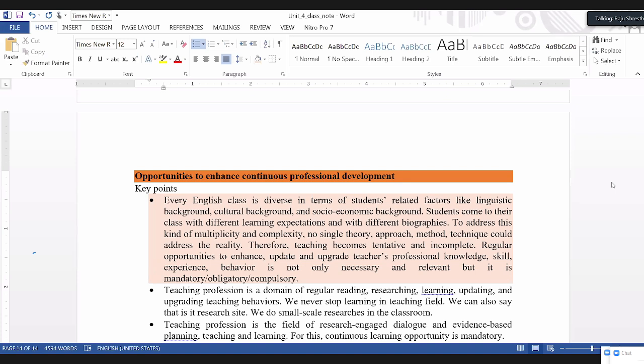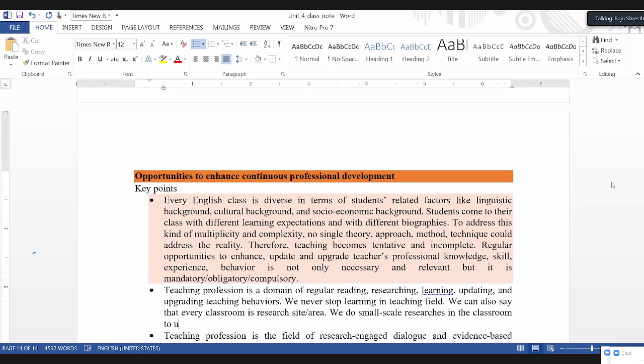In teaching field, we can also say that every classroom is a research site or research area. We do small scale researches in the classroom to improve teaching and learning behavior.